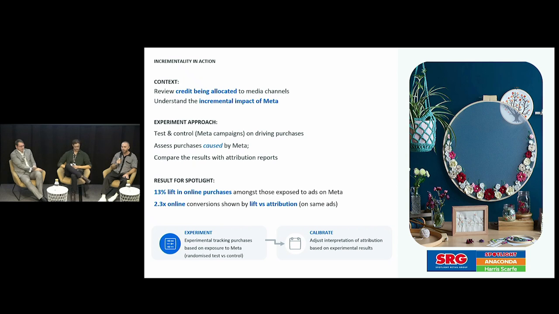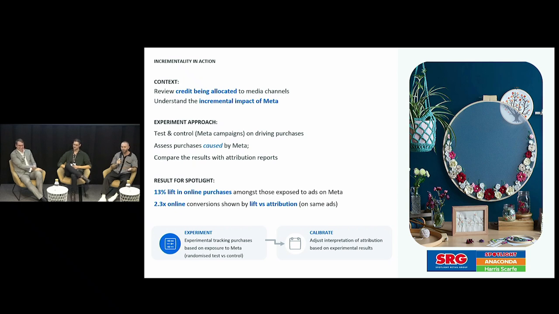The other part of this, though, as Joe was speaking to, is we do always look at our GA data, which we know underreports, especially when it comes to Meta. And then also combining that data with our Meta data, which we know does overinflate a little bit sometimes. So it's about finding that truth in the middle.